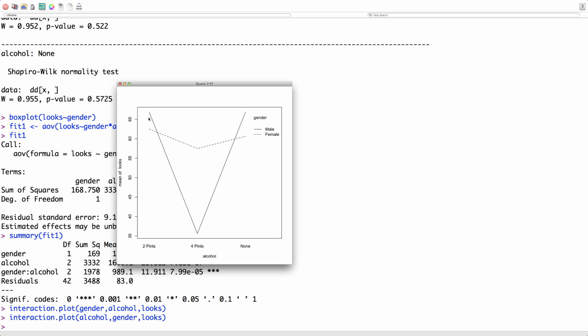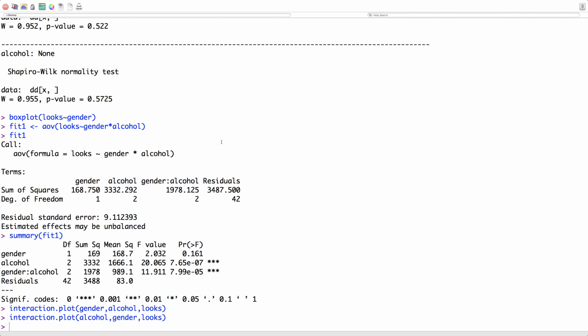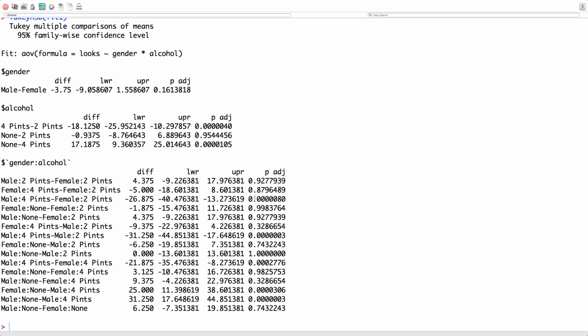So I'm going to expect that what's going on here happens with the big difference between males and females at 4 pints. Now, I would still like to go ahead and run a Tukey HSD. I like plots, but I also like numbers. So, guys, if we come in here, we're looking for the adjusted p-values that are less than 0.05. This tells me that there's a statistically significant difference between males who drank 4 pints and females who drank 2 pints.